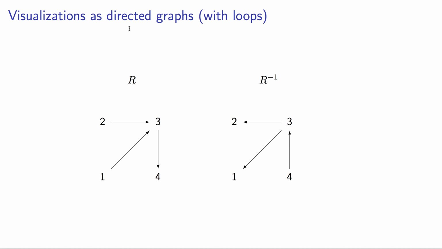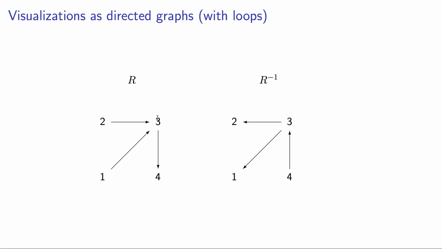Let us consider visualizations as directed graphs with loops, although in this case no loops will be used. The relation R is visualized on the left. For instance, the pair 2, 3 belongs to the relation R, and because of this we have a directed edge from 2 to 3.